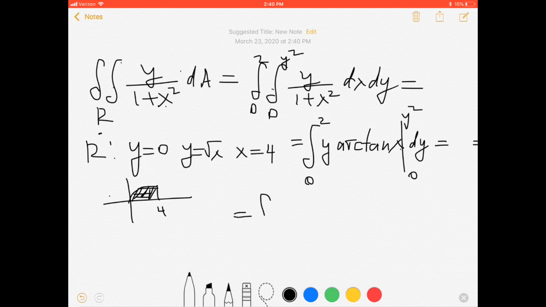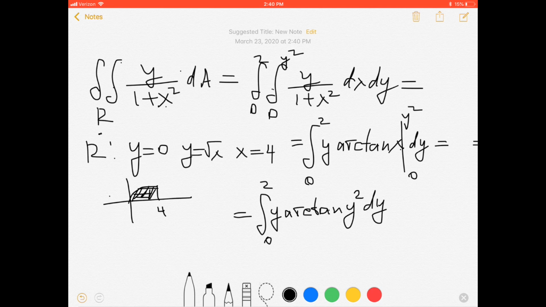Plugging in, we have the integral from 0 to 2 of y arctangent y squared dy.